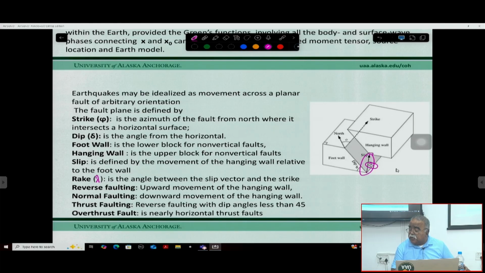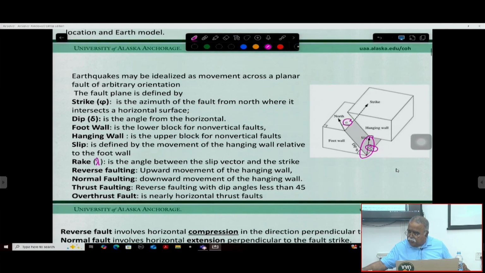These are all the basic definitions of your fault, and phi is the strike of the fault. It is measured from the north, right? This sounds familiar to you guys, so that's fine.